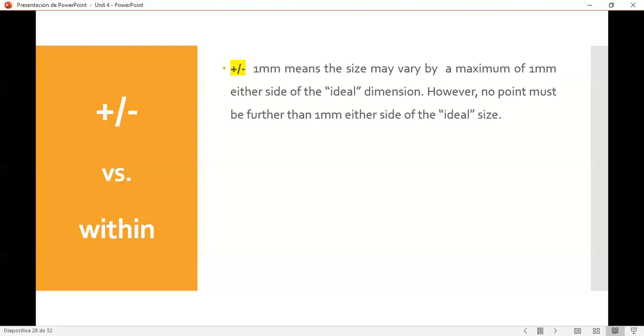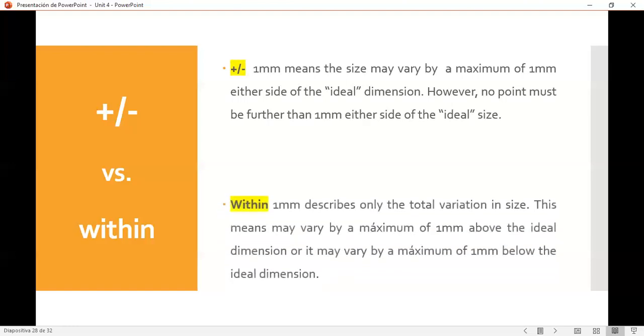Okay, and within, when we say within 1 millimeter, that means that we describe only the total variation in size. This means they may vary by a maximum of 1 millimeter above the ideal dimension or a maximum of 1 millimeter below the ideal dimension. So within helps us to describe the total variation.